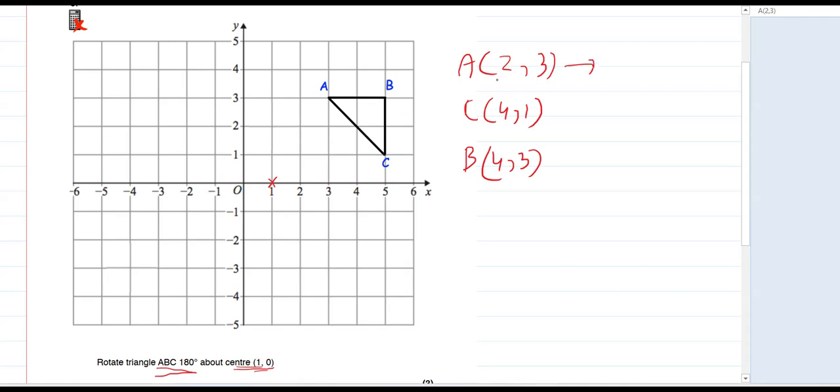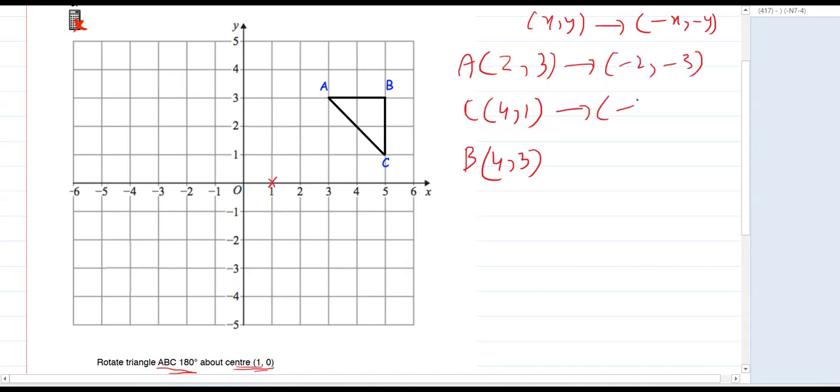So what is it going to be? According to the rule of 180 degree, if it is x, y, we just change the sign. So -2, -3, -4, -1, -4, -3. So from this center, count them.